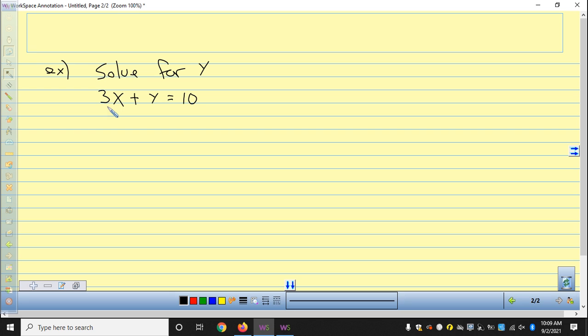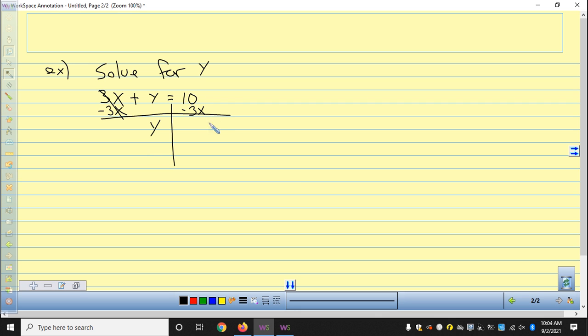And we want to deal with it all at once. So is this 3x, are we adding, subtracting, multiplying, or dividing here? To the y. We're adding to the y, right? So how do we undo addition? Subtract. So I'm going to subtract 3x from both sides. The y comes down. These 3x's go away.